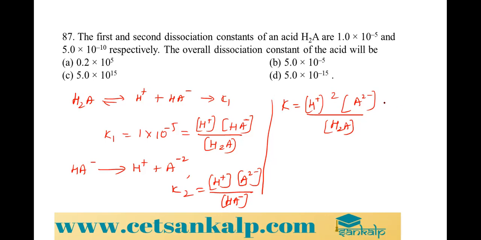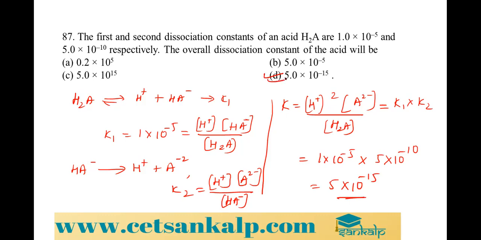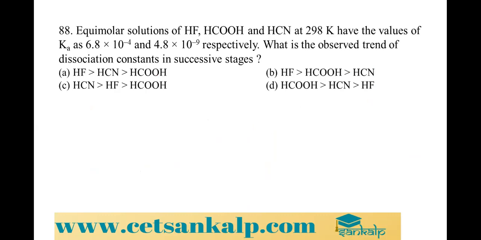That is nothing but equal to what? K1 into K2. ಎರಡನ್ನು ಮಲ್ಟಿಪ್ಲೈ ಮಾಡಿದ್ರೆ ಅದೇ ಬರ್ತಾ ಇದೆ ನೋಡಿ. ಸೊ ಈಗ ಅದನ್ನೇ ಮಾಡೋಣಂತೆ. That is equal to 1 into 10 to the power minus 5 into 5 into 10 to the power minus 10. So it's going to become 5 into 10 to the power of minus 15. Correct? So option D will be the answer. Overall equilibrium dissociation constant. Next.